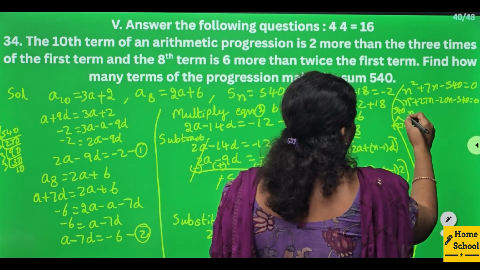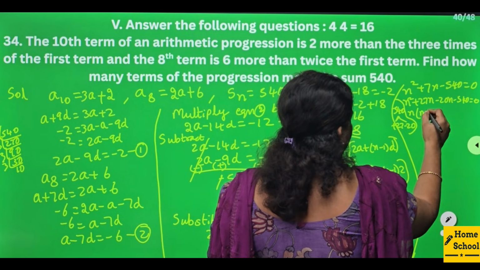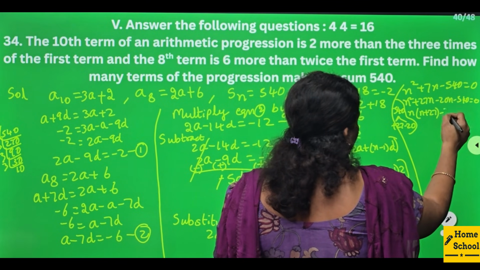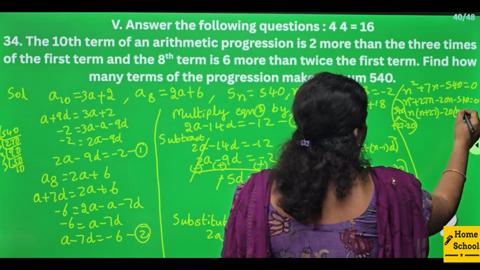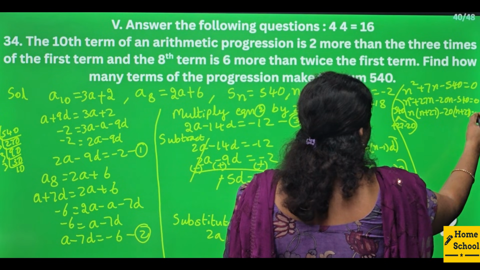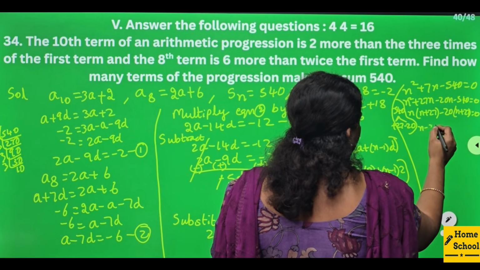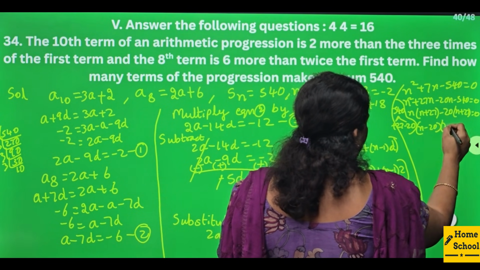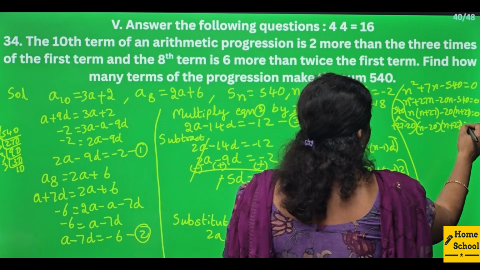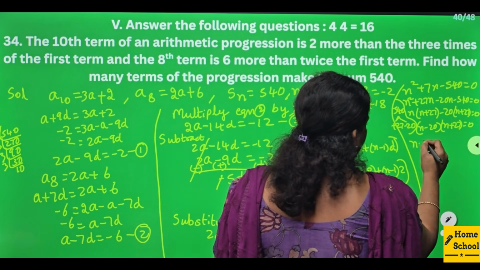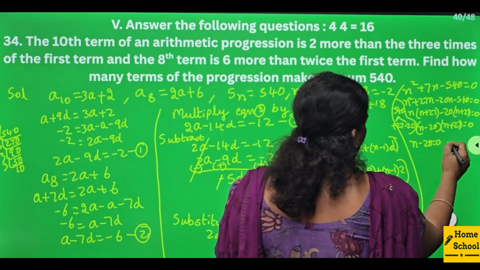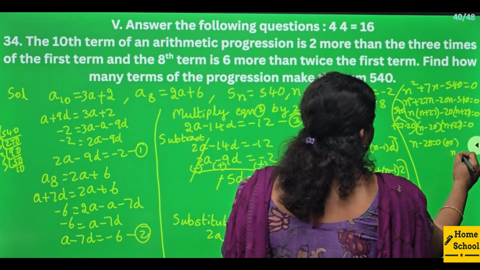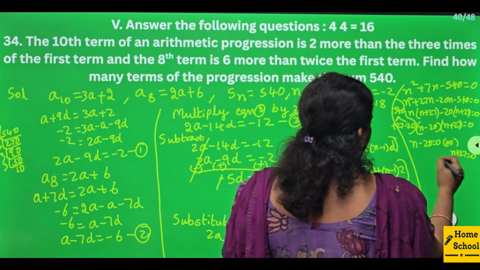Take out n common, n plus 27, and here minus 20 take out common, n plus 27. n minus 20 into n plus 27. n minus 20 equal to 0 or n plus 27 equal to 0.